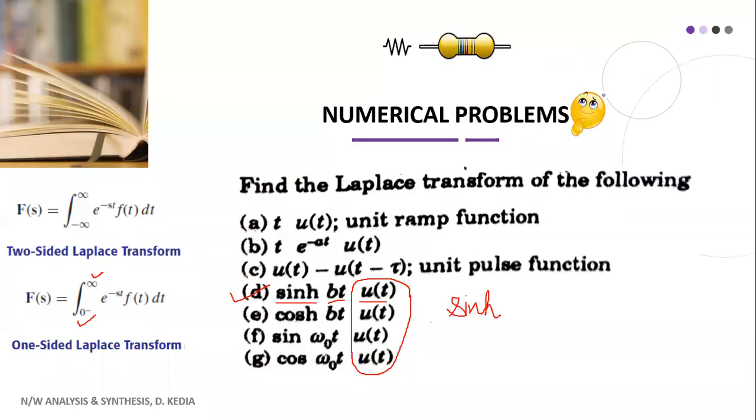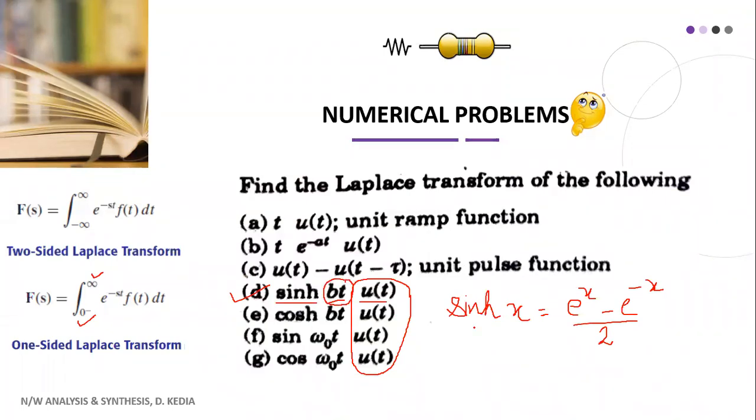If you have sine hyperbolic x, it is represented exponentially like this: e raised to power x minus e raised to power minus x, divided by 2. This is your exponential representation for sine hyperbolic x. So what we have here, x is nothing but bt.